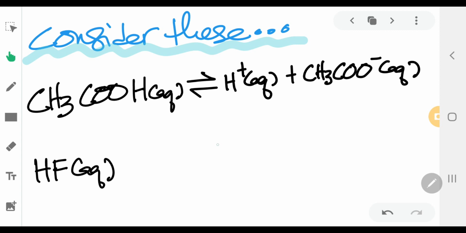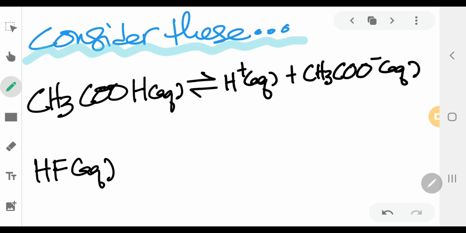The only difference that we can see between weak and strong acids is the use of the arrow. For weak acids, we use a reversible arrow because they will achieve equilibrium.